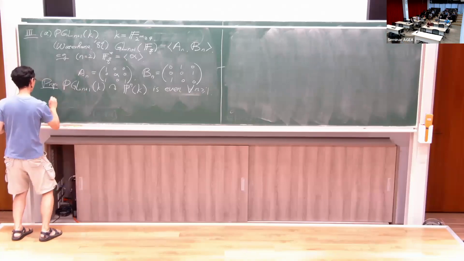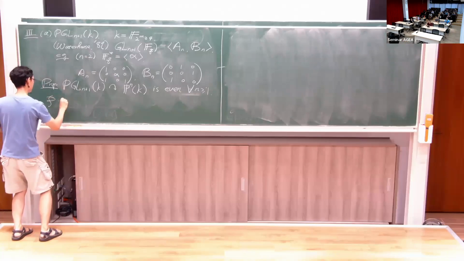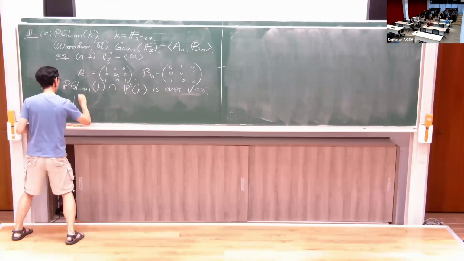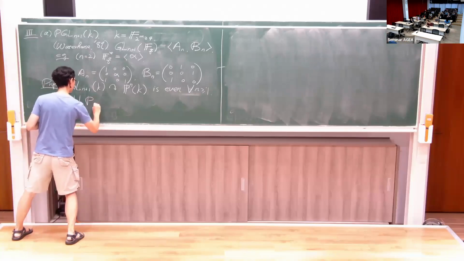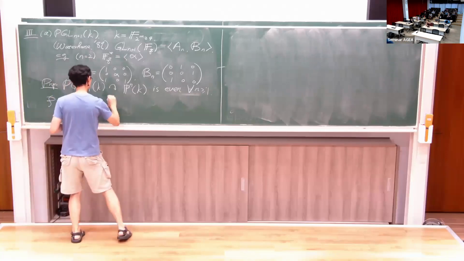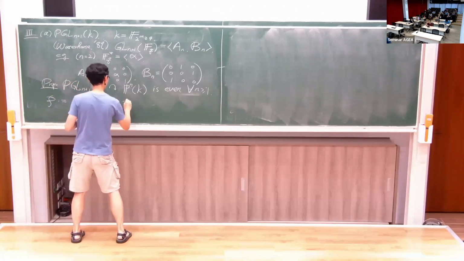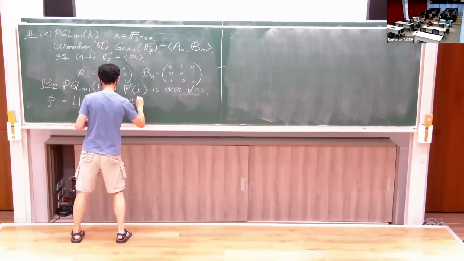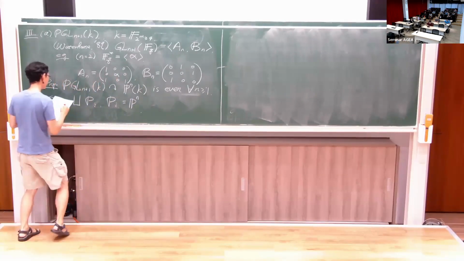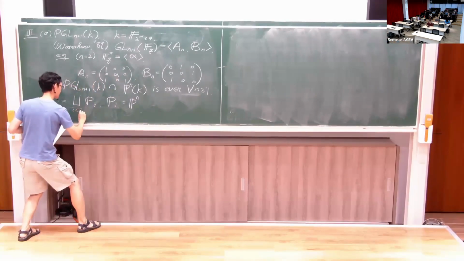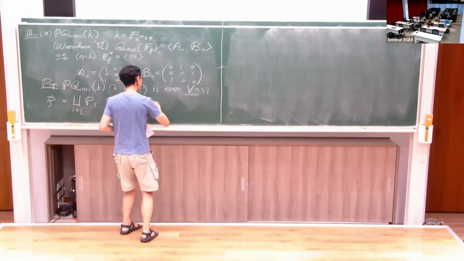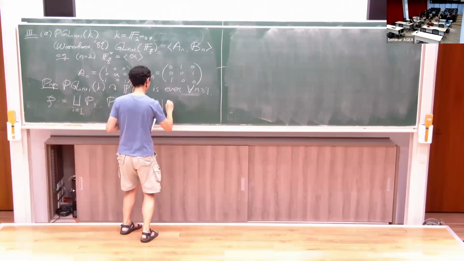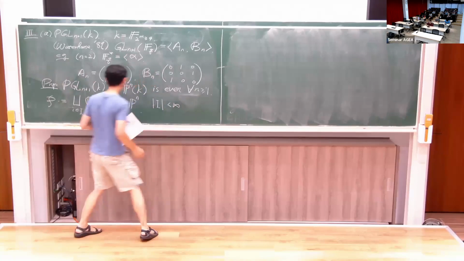With this proposition, we can generalize it a little bit. Consider a disjoint union of projective spaces Pi, where each Pi is a projective space. This is a disjoint union of finitely many projective spaces, and the index set is finite.